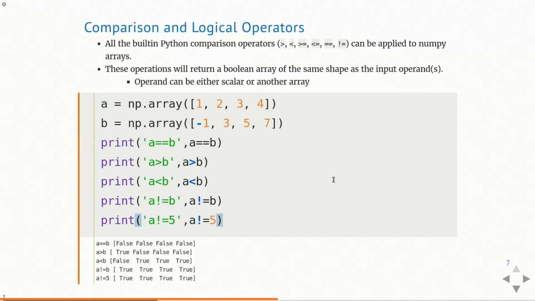So let's run it. So here it is. As already mentioned, this will return a Boolean array of the same shape as the input array, where true corresponds to where the comparison is true, and false where the comparison results in a false.